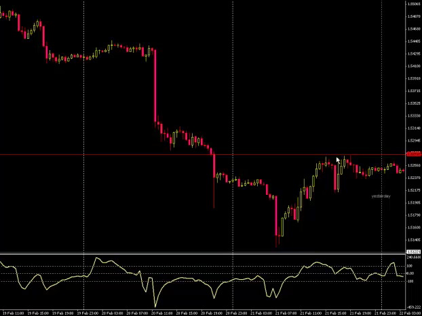So we had this range of resistance, and remember on the HL30 what we're doing is we're trading the high and the low of the previous day. So you'll notice here's the high, here's the low. I'll go ahead and put a support level in there. And price is near the resistance level anyway, so we're going to be looking for an HL30, and if we were to sell this, it would be in the direction of the trend. So here you'll notice was the HL30 pattern, but I didn't trade that.